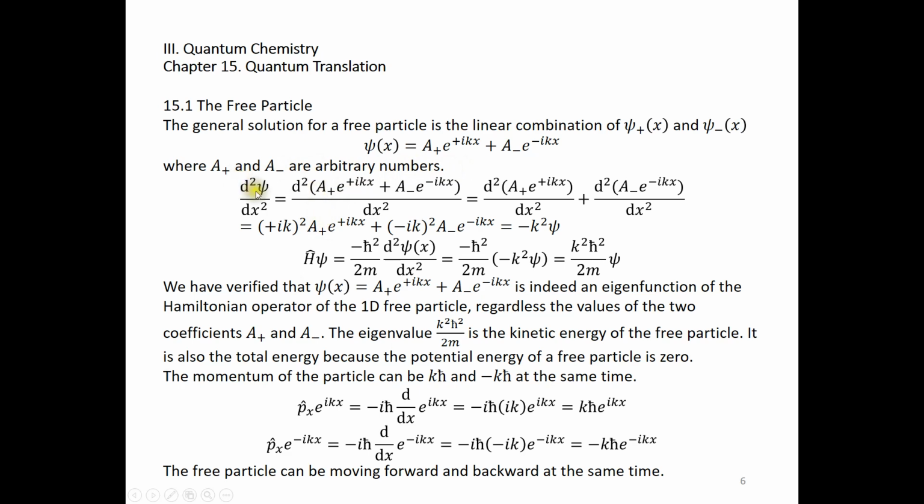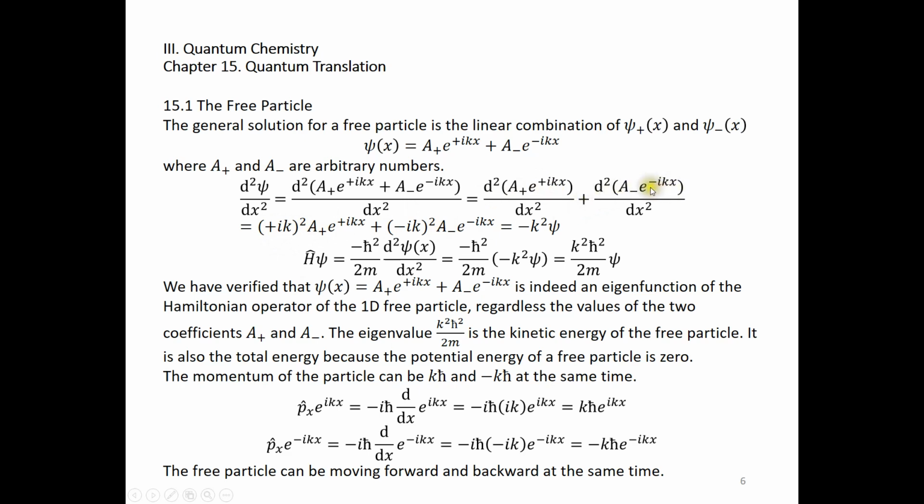Now let's verify it. We'll take the second derivative of this general solution. So over here, the second derivative of this part plus the second derivative of this part. Over here, we just copy this function, and then since we're taking the derivatives of an exponential function, we need to copy this exponential coefficient twice, plus ik here and plus ik again.